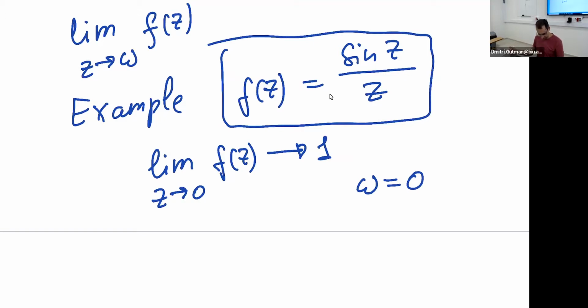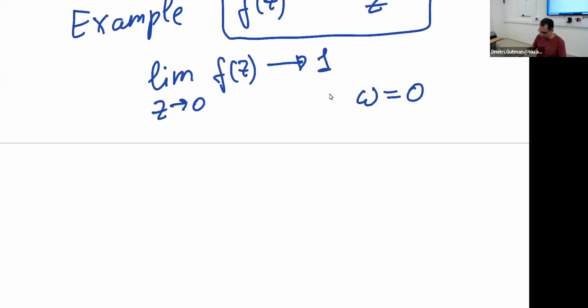You cannot tell the value of f at z equals 0 because you need to divide two functions, each of which approaches 0, so you cannot divide them algebraically. Nevertheless, there is a well-defined limit. You can define its value at 0 by looking at the limit of this expression, and the limit exists and is equal to 1. So z equals 0 is a removable singularity of sine z over z.